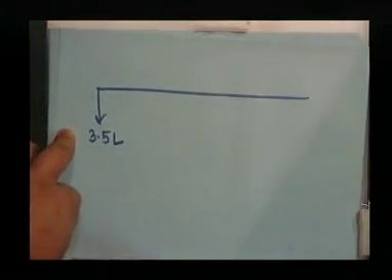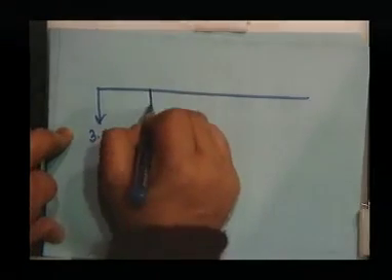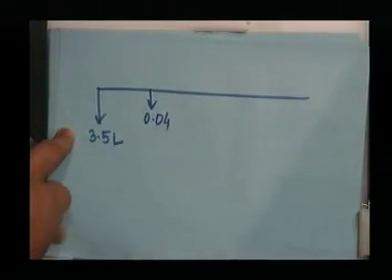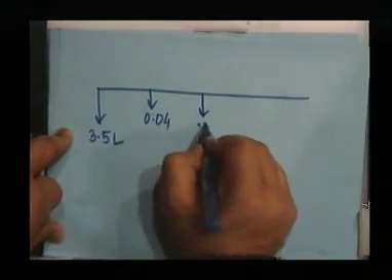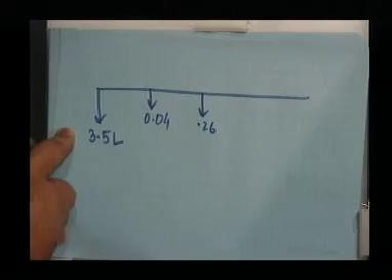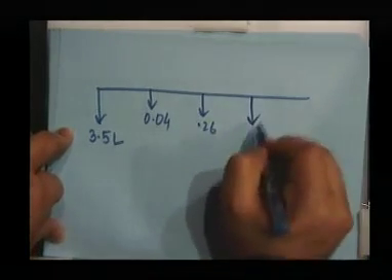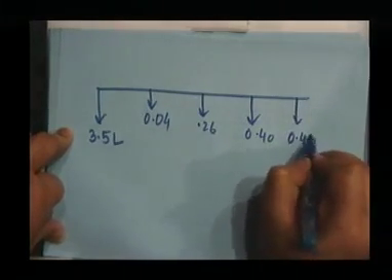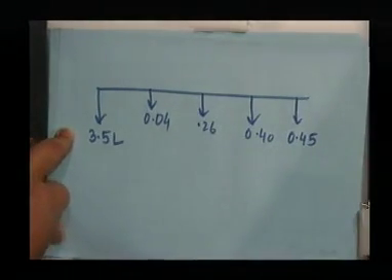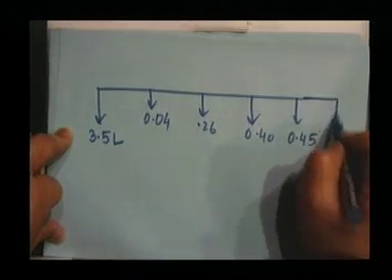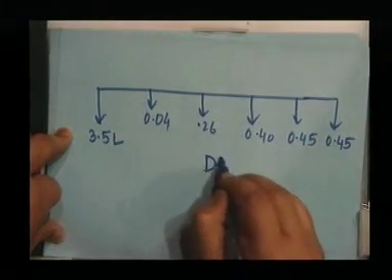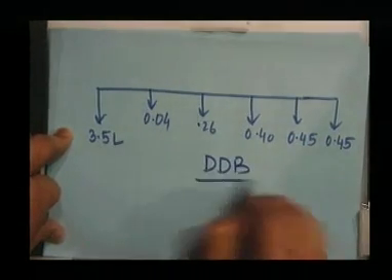For the first year you are getting 0.04, second year 0.26, third year 0.40, fourth year 0.45, and again in year 5 you have 0.45. This is using double declining balance method.